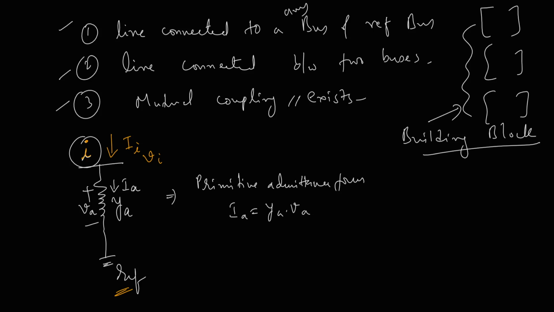And if you do the same analysis that we have done, that is, getting the relationship between the nodal voltages and the primitive branch voltages, and also between the nodal currents and primitive currents, and then transform this to the nodal admittance form.